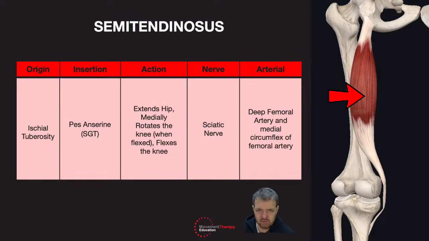So if you have a feel at the back of your knee with your knee bent, and then just relax your leg, and then scrape your heel backwards as if you're scraping dog muck off your shoe, and then feel the tendon on the inside of the back of your knee.